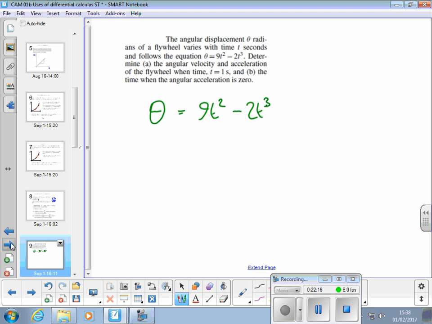So the velocity is equal to what? How do we get from displacement to velocity?